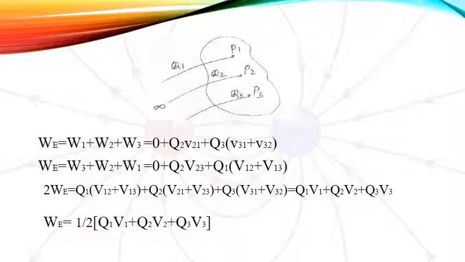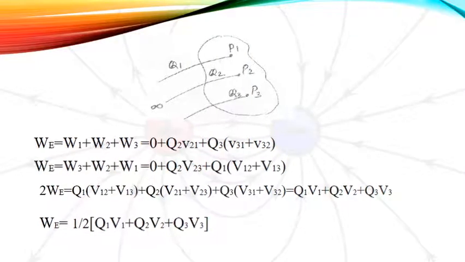To determine the total work done, we need to add both. So 2WE equals Q1 V1 plus Q2 V2 plus Q3 V3. Therefore, the total work done by the charges, WE, equals half into Q1 V1 plus Q2 V2 plus Q3 V3.